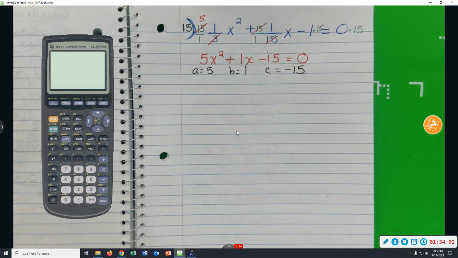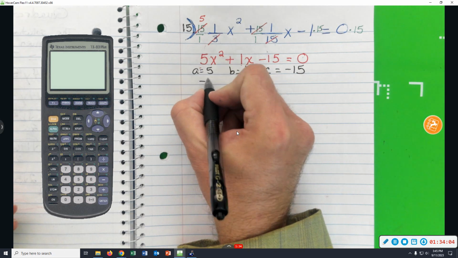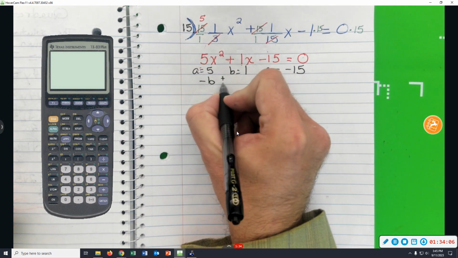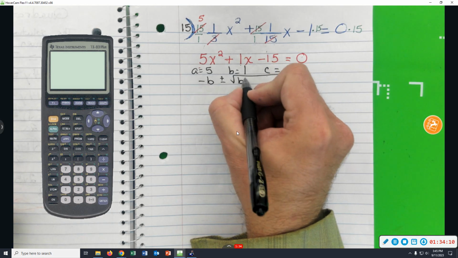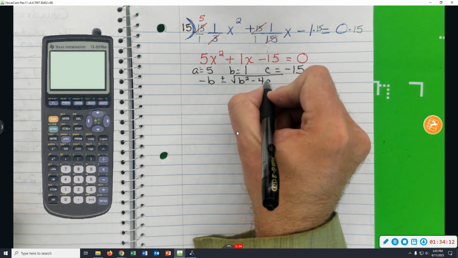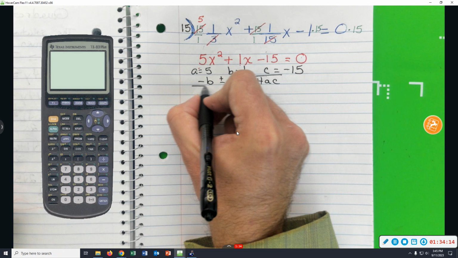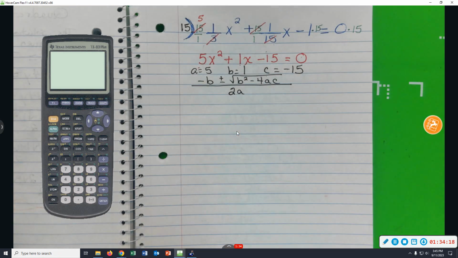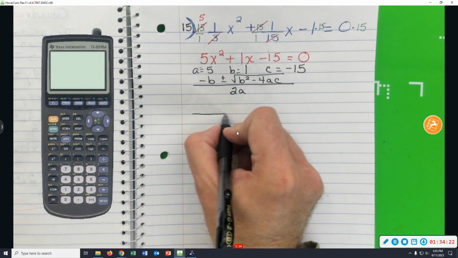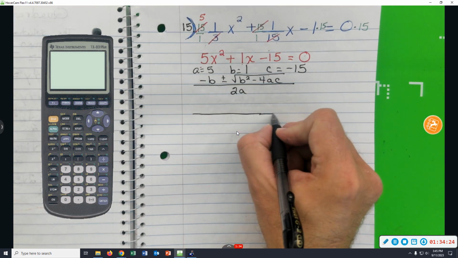Now let me write out the quadratic formula. -b plus minus the square root of b squared minus 4ac, all over 2a. This looks so messy, I'm going to skip a line.